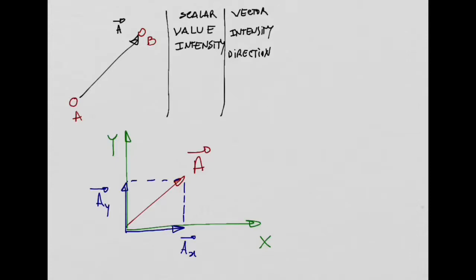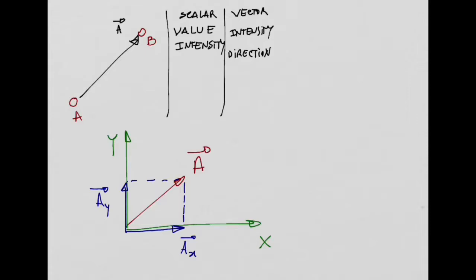All right? So it's quite easy to understand this. You have a vector A in red. You need to have a coordinate system to describe this vector. And then what you just do is you just draw parallel lines to this coordinate axis. And the intersection of these lines with the coordinate axis will give you the location of the components of this vector, AX and AY. Right?